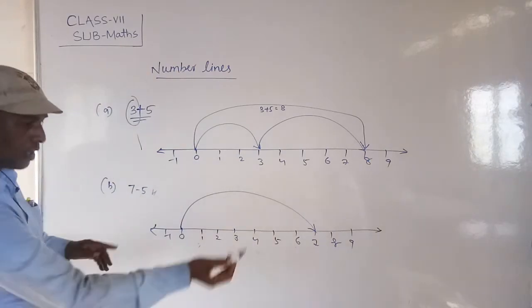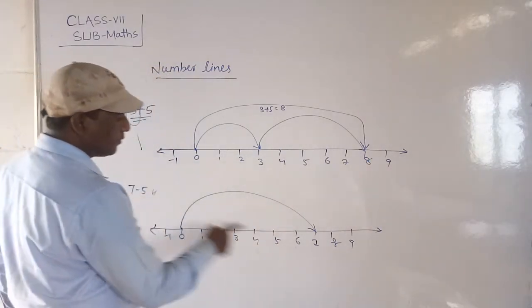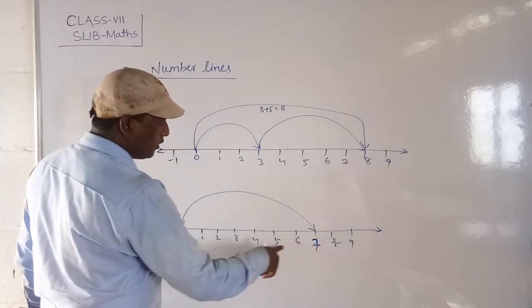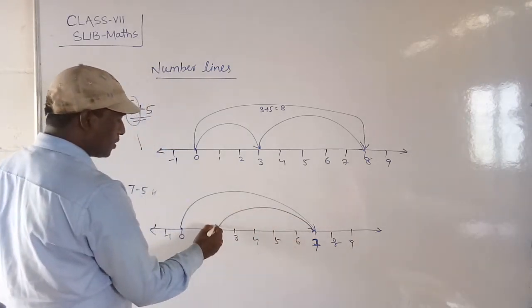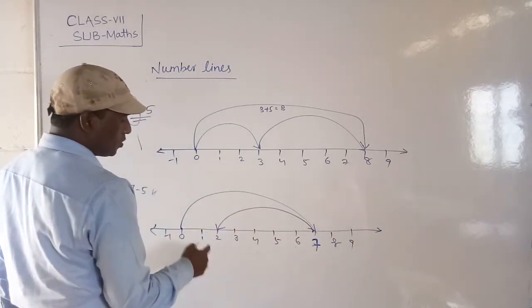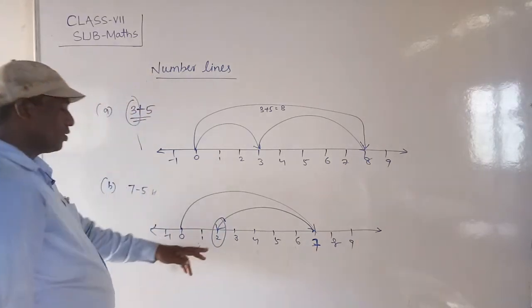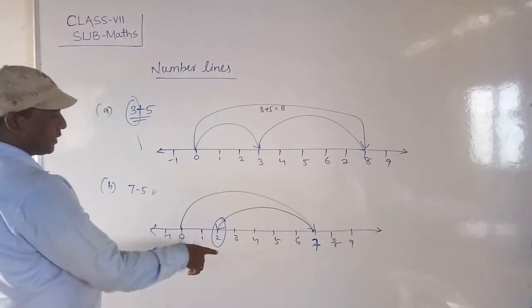If it is subtraction, you have to come to the left side. How much? Now 5. Don't count the number you start from. From here: 1, 2, 3, 4, 5. From 7 it will come up to here. Okay students, so 2 came, no. So this is our answer. So students, this is 7 minus 5 is equal to 2.